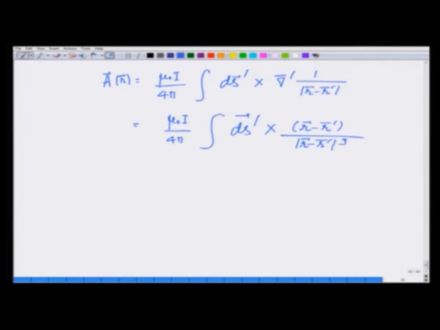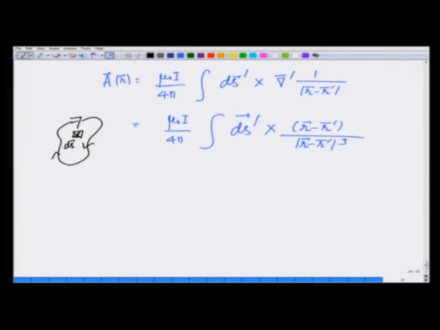That is a gradient with respect to prime. Let me remind you again, I am taking this current loop, and if the current is say going clockwise, then ds everywhere I am taking as going in. So, it is given by my right hand convention.